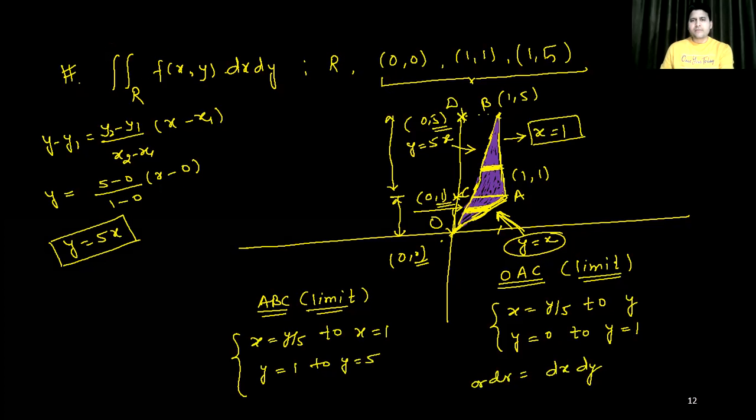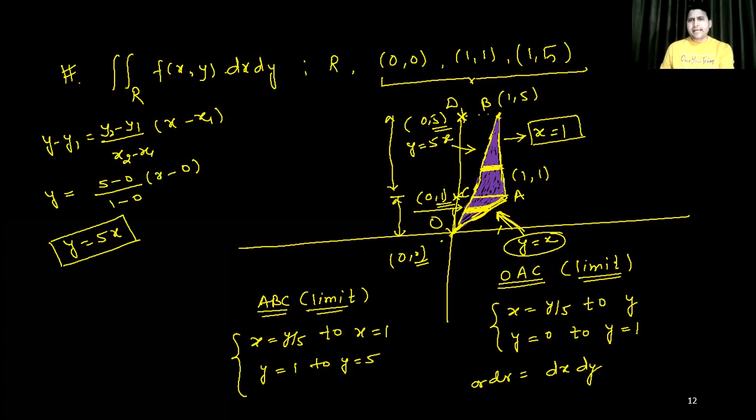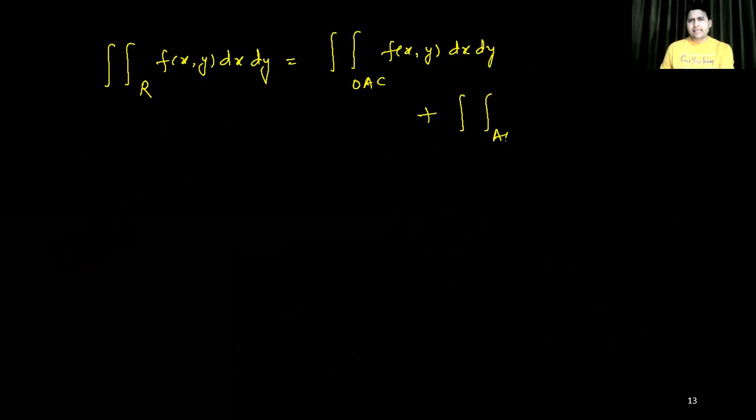One is for the region OAC, double integral of f(x, y) dx dy, plus the second one for the region ABC, double integral of f(x, y) dx dy.